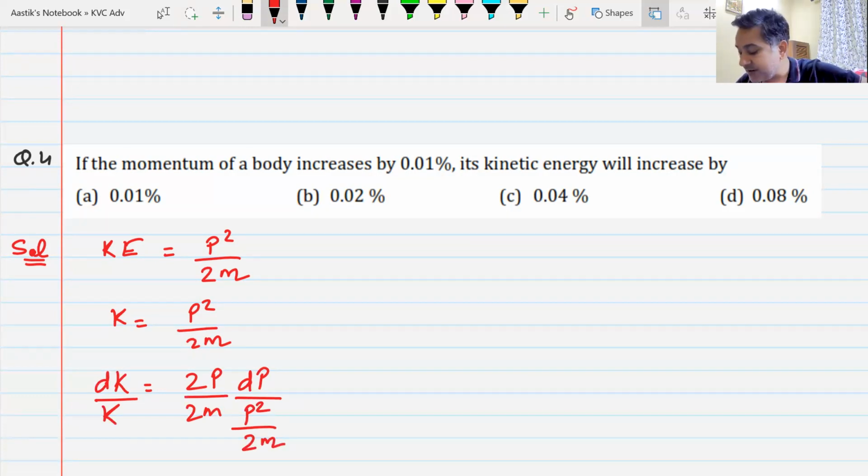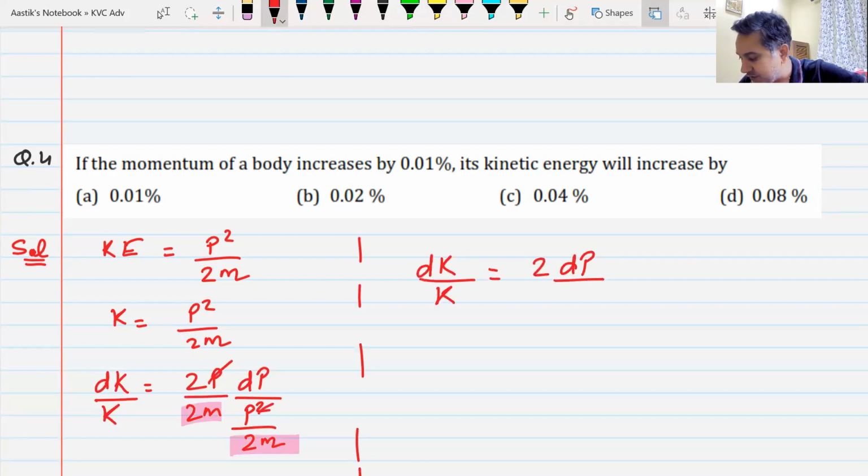I divided it by kinetic energy again. So this 2m and this 2m cancel, one P and one P cancel. So what I get is dK by K is equal to 2 times dP by P. Do we understand this? Yes, sir. That's it. dK by K is the percentage change in kinetic energy.